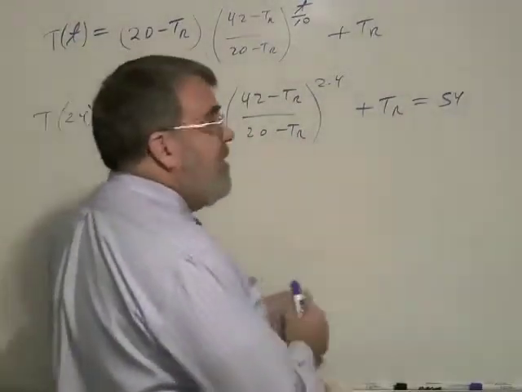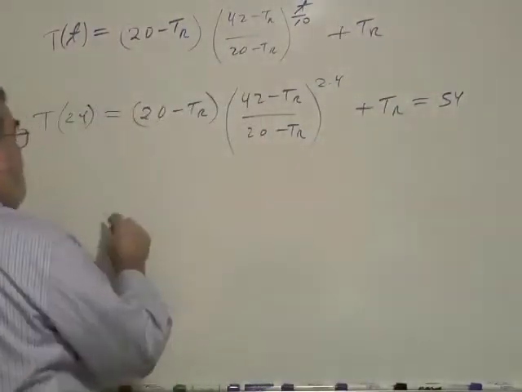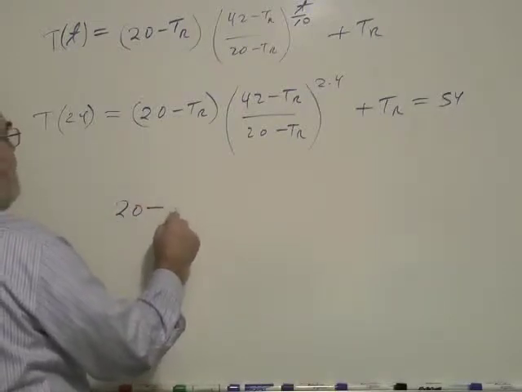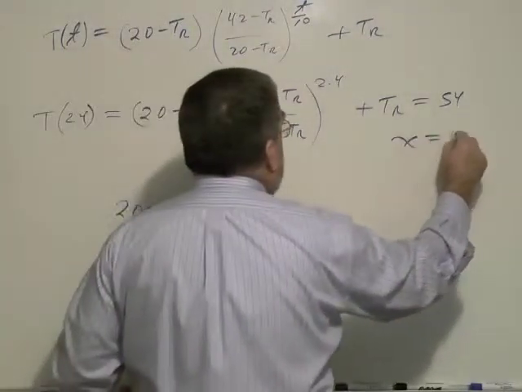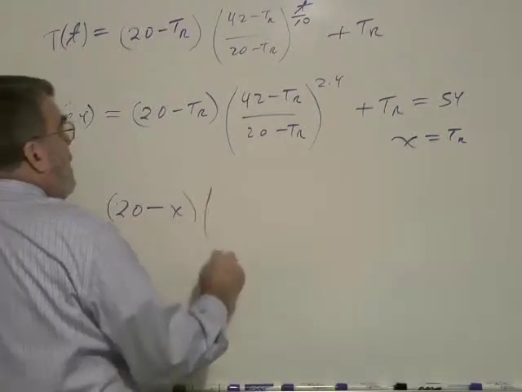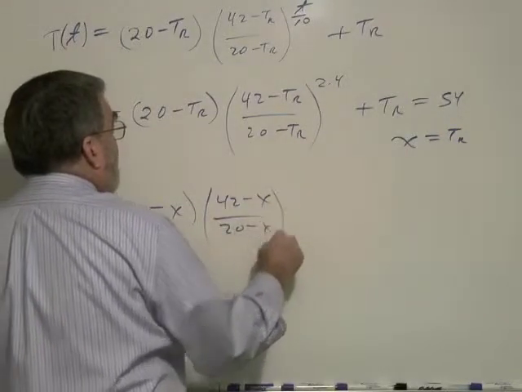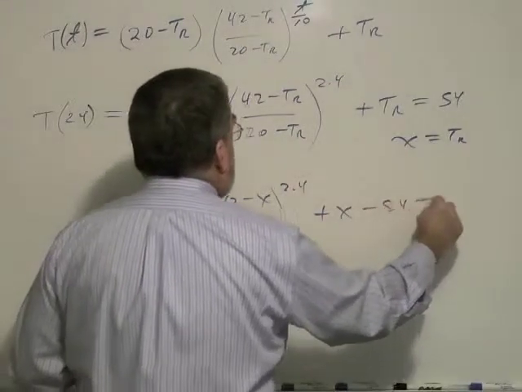What I did was subtract 54 from both sides. Here's how I entered it in my calculator. I let x be the same as Tr. So I have (20 minus x) times (42 minus x over 20 minus x) raised to the 2.4 power, plus x, minus 54 equals 0.